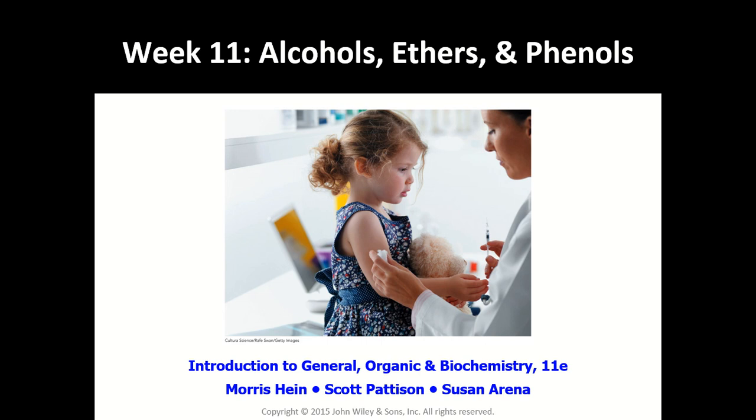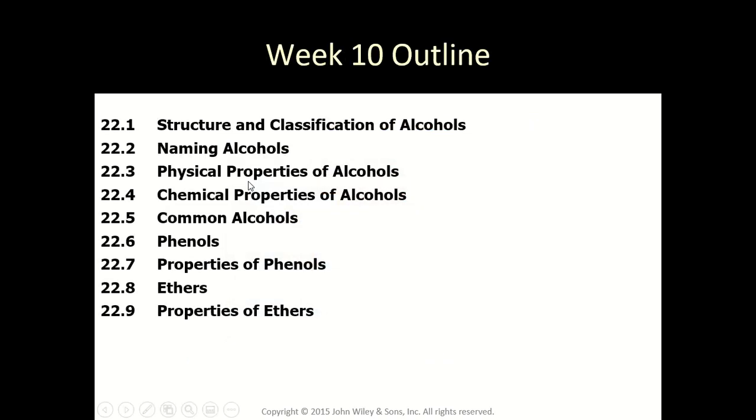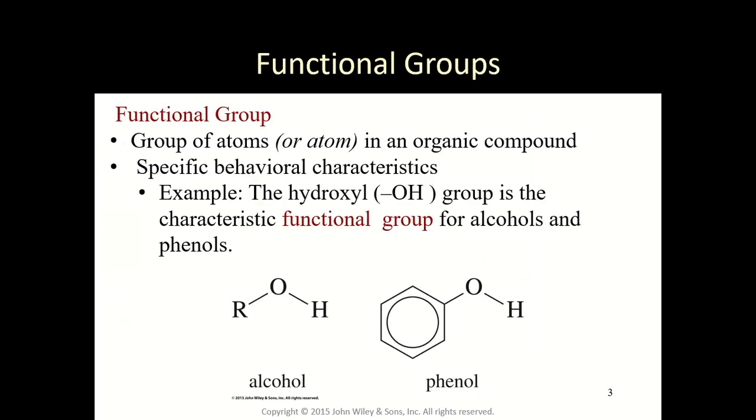Basically, this is about water, because you're going to see here on the next slide all the things we're going to cover. It's about phenols, alcohols, ethers, but really what we're talking about here is the structure of water.